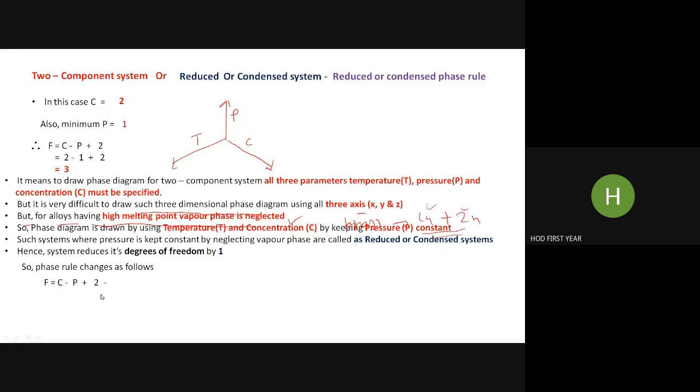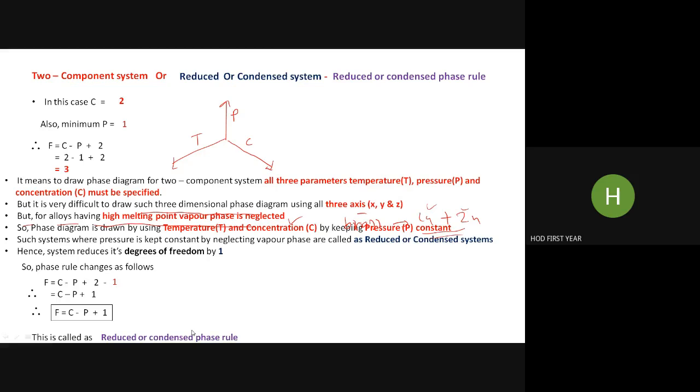So we should subtract one from the formula. When we subtract one, 2 minus 1 is 1, so it becomes C minus P plus 1. This is called the reduced or condensed phase rule.